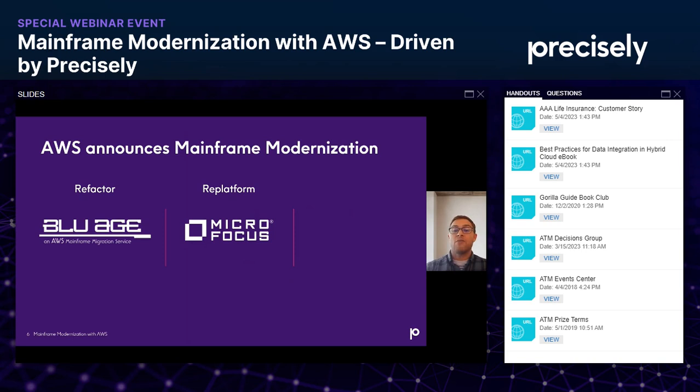But neither of these offerings is really focused on data itself. These were made prior to their most recent announcement at AWS, focused on data replication. And so neither of these solutions are really focused on replication. They're more focused on the applications themselves.